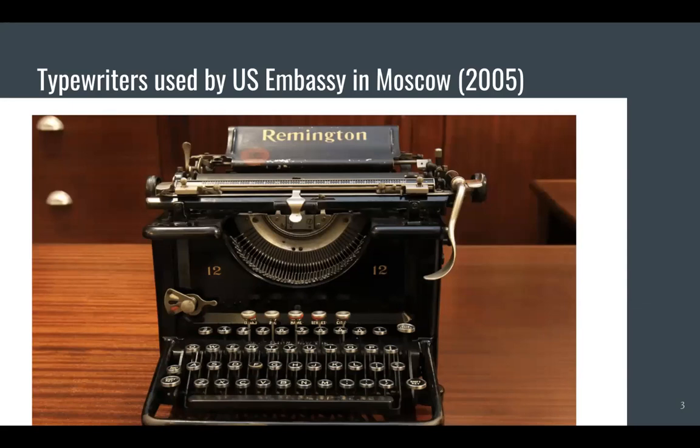This happened in 2005, when the typewriter in the US Embassy in Moscow was altered, and the Russians were able to get all the information which had a magic word. Whenever any document used that magic word, the entire document was able to be decoded by the Russians. This happened in 2005.